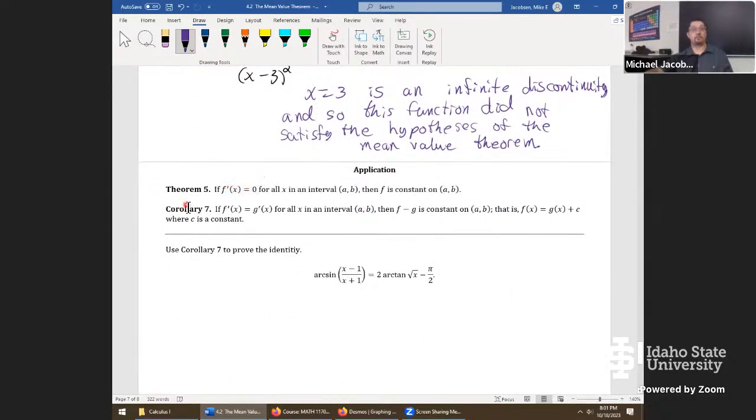It provides us with a powerful theorem. This theorem says if the derivative is 0 for all x in an interval, then f must have been a constant function. This is already a way to undo a derivative because we've said in the past, if f of x is a constant function, like say 5, then its derivative at x must be 0 because it's a constant.